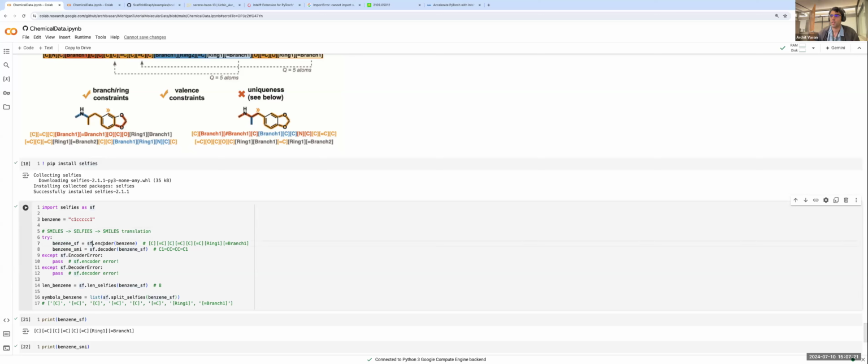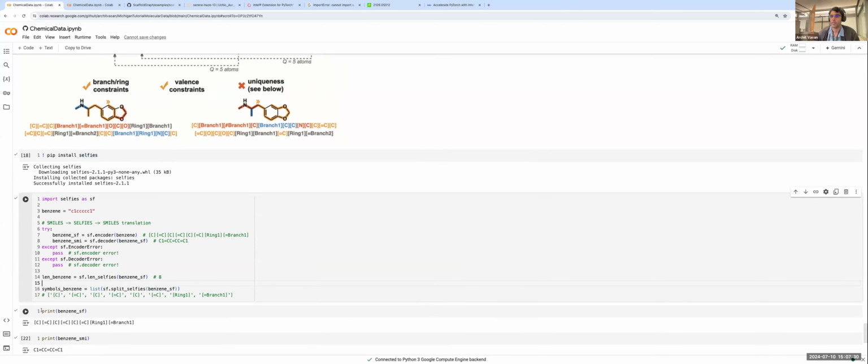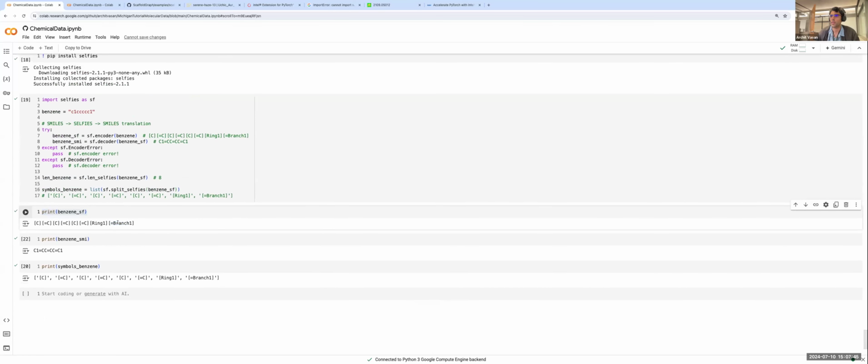It would just be selfies.encoder to encode a SMILES string, and a decoder function to decode out the SMILES string. You can see that it prints it out as this structure, where you have C, C, double bond C, C, double bond C, C, double bond C, and then an indicator for a ring structure, and then a Branch1 token, which, if I remember correctly, indicates that there's 6 in that particular SELFIES. And you can also output the encoded SMILES string.